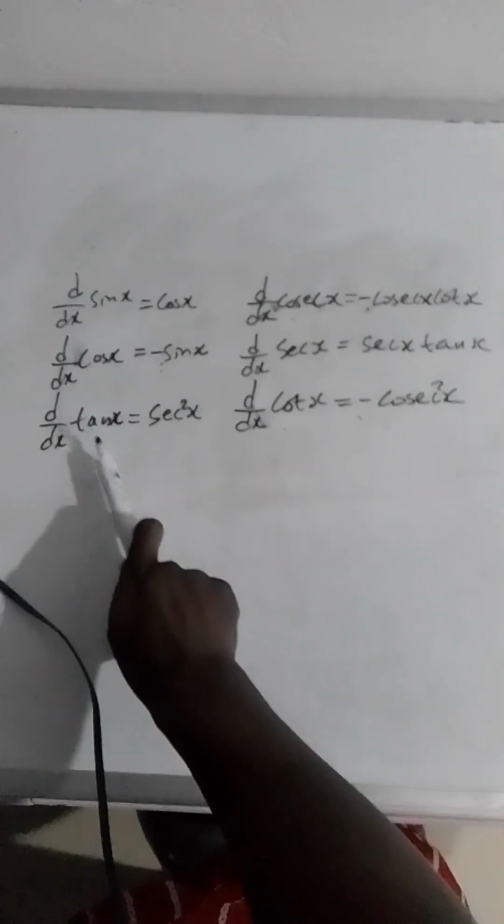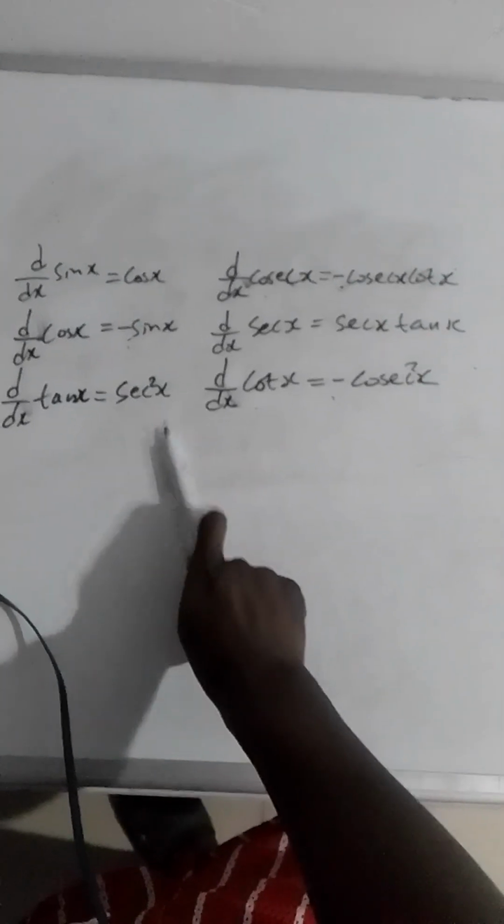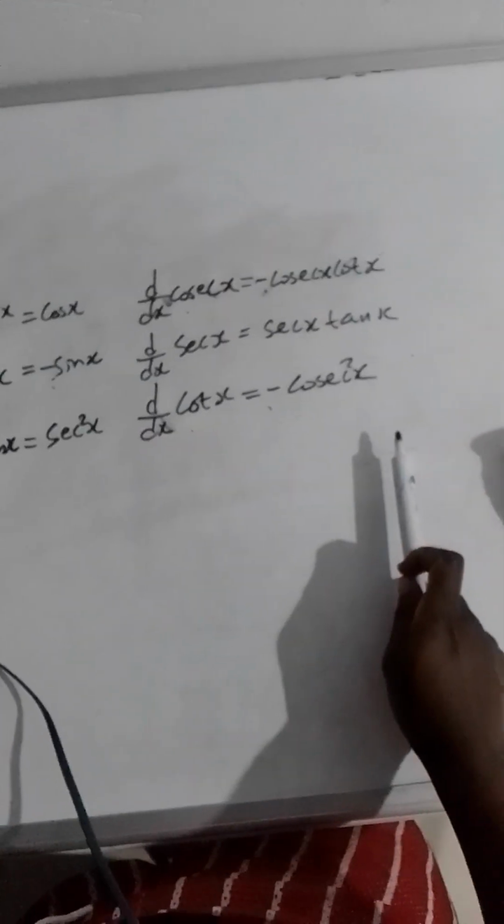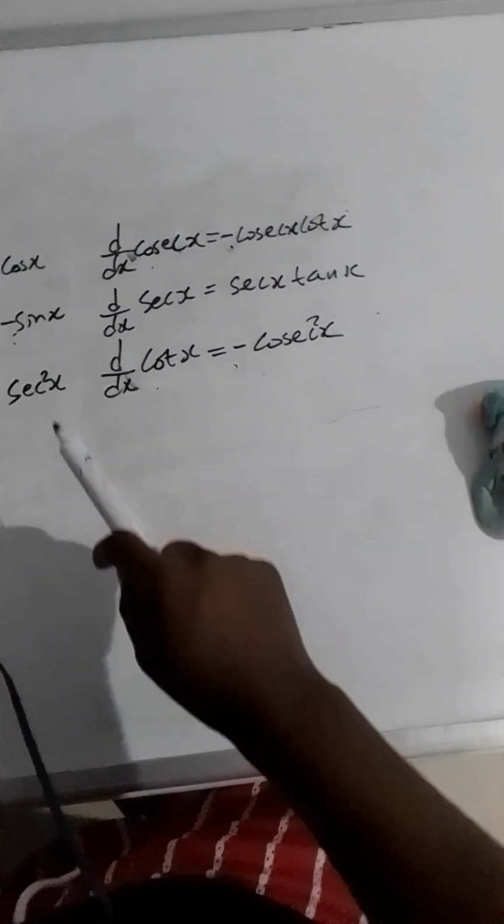And on tan, the derivative is sec squared x. So you know tan goes with sec, cot goes with cosec. For cosec it is negative cosec cot. For sec it is sec x tan x. And then for tan it is sec squared x, and for cot it is negative cosec squared x. That's how you remember this.